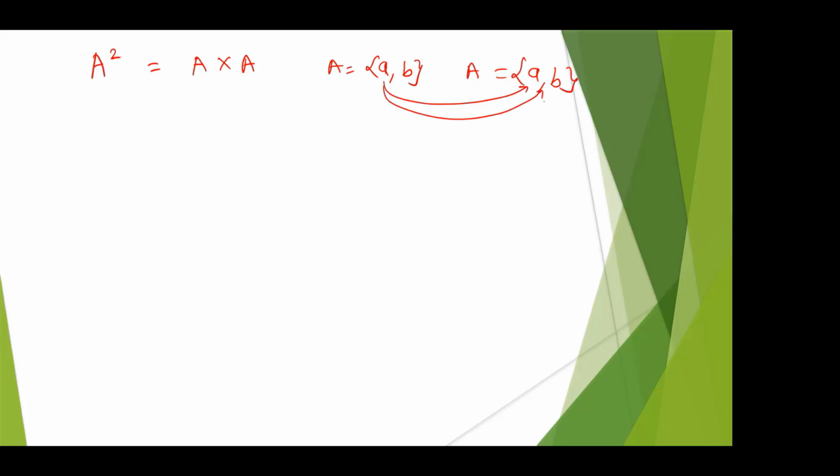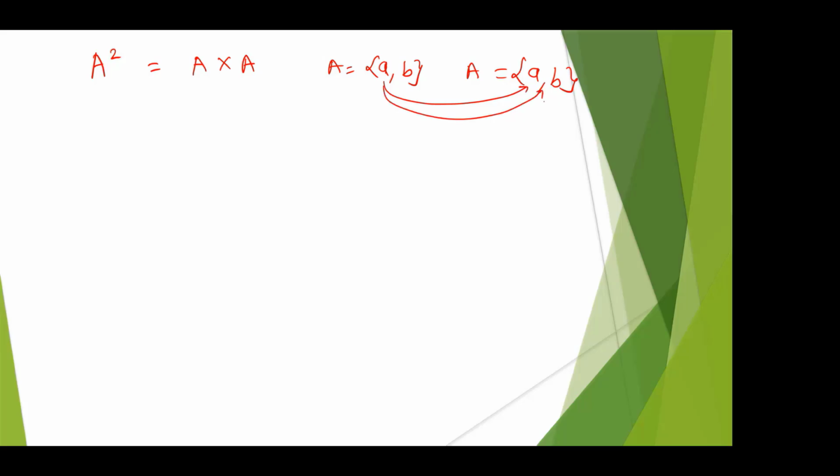So what will be A square? A square is another way of saying A Cartesian product A. So if my A is, let's say, {A, B}, and I take A one more time and find the elements.